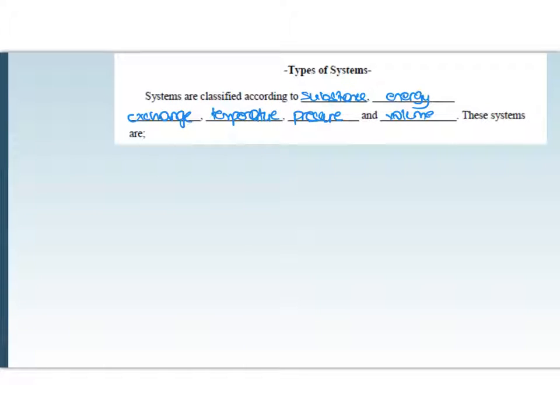Now these systems are, first one, open system. Like what? Like a glass of tea. It can exchange matter and energy with the surrounding.